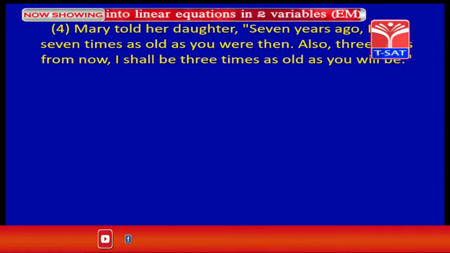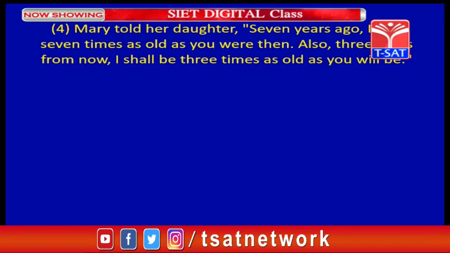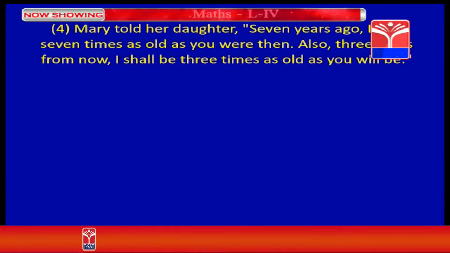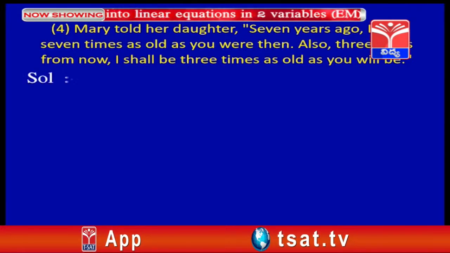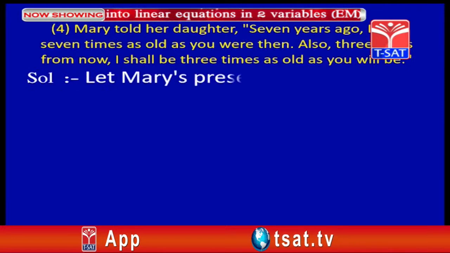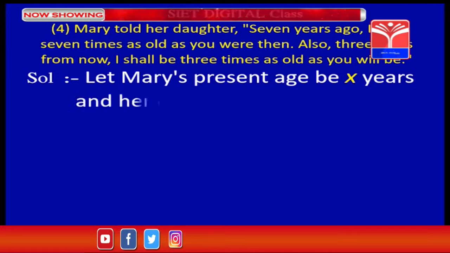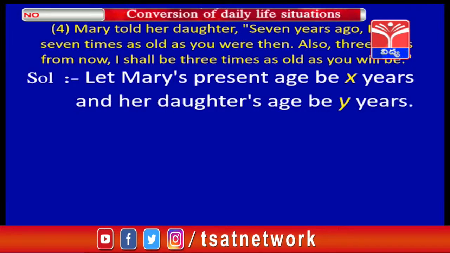What are those? First one is Mary's age. Second one is her daughter's age. These 2 are the unknown quantities in the given question. Let Mary's present age be X years and her daughter's age be Y years.